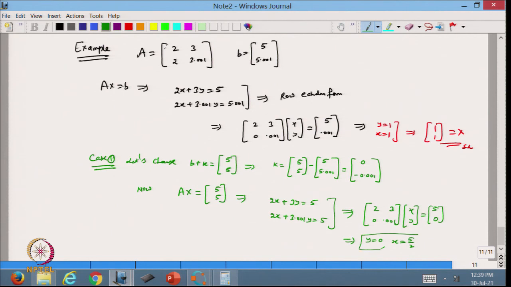So, that is my new solution, and from here I get the new solution, that is 5 by 2 and 0.